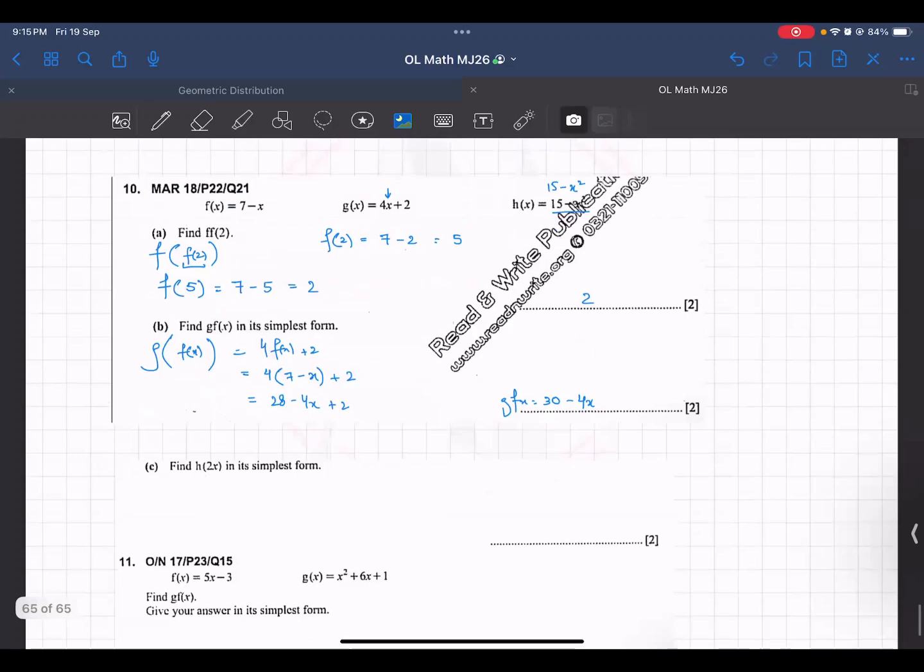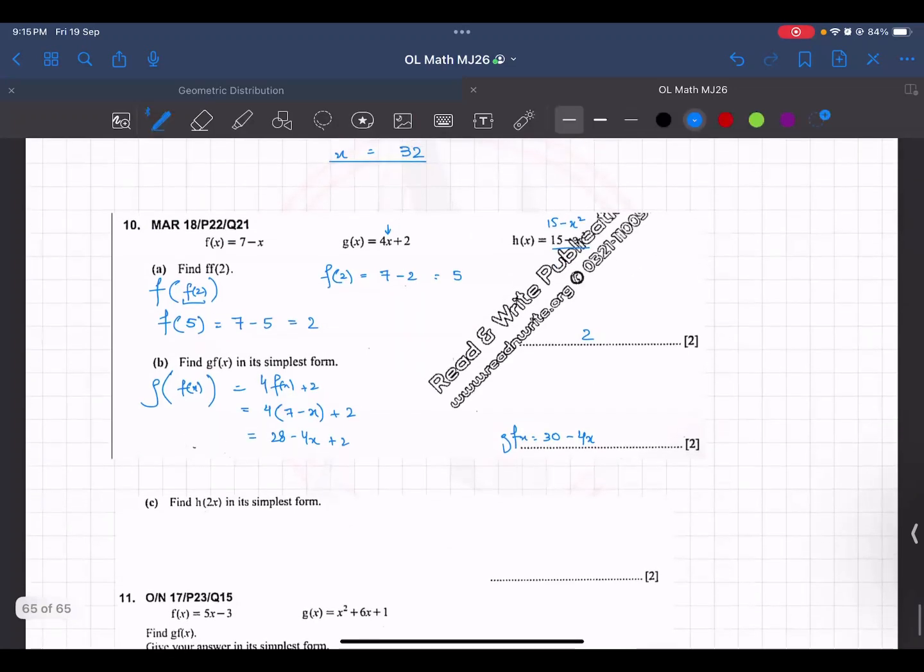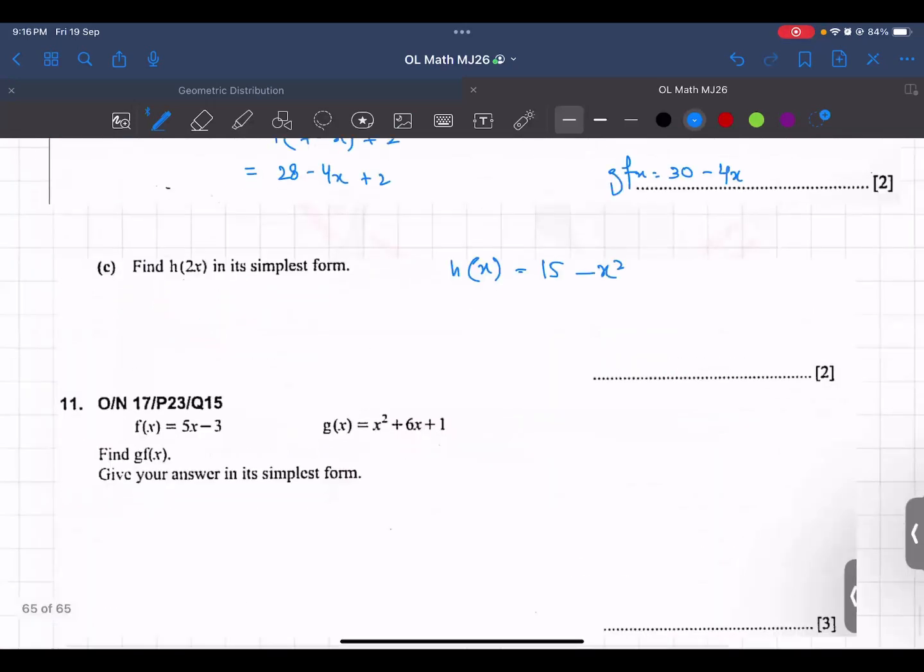They gave us hx. hx is 15 minus x squared. And then they're asking you to replace, the input is now h2x. So this would become 15 minus, instead of x, I will write 2x and then whole square. And then you simplify. So 15 minus 4x squared. Yeah, this is the answer.